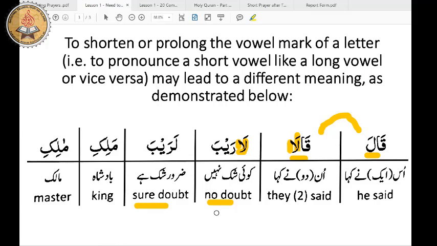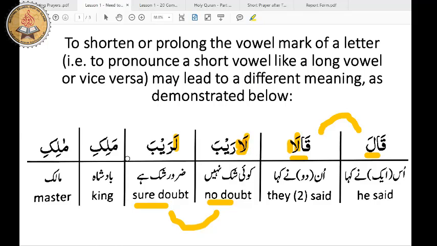So there is a big difference because it's exactly the opposite. Sure doubt and no doubt. So again, you can see that whether or not you prolong something for 1 second or 2 seconds, that can really make a difference on the meaning and translation.